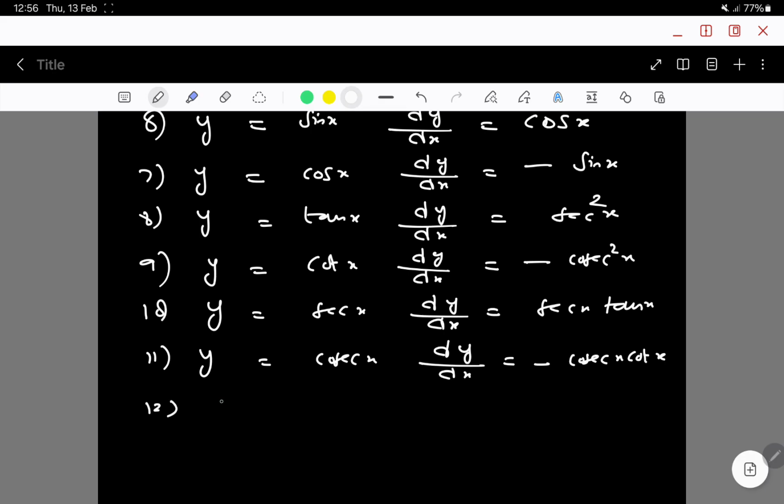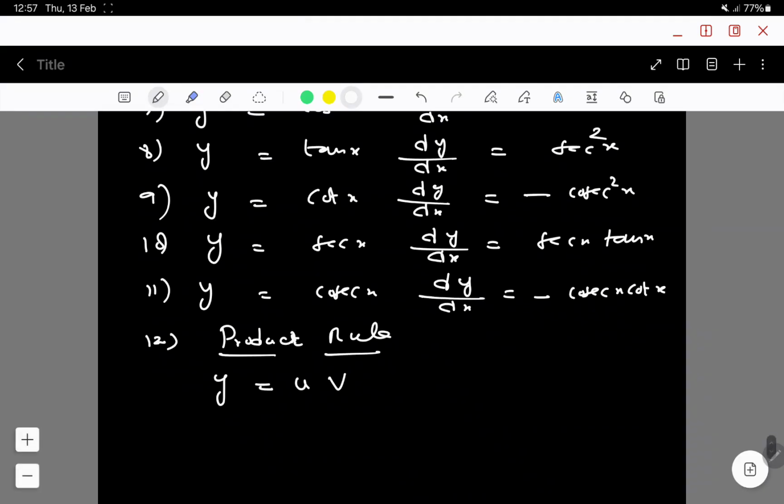12th one is the product rule. Here two functions are in product. Y equal to uv, where u is the first function and v is the second function. Then dy by dx is: first write u, differentiate v, plus write v, differentiate u.